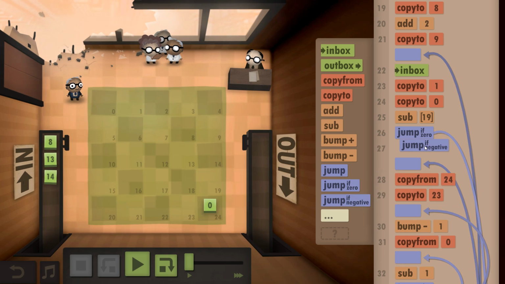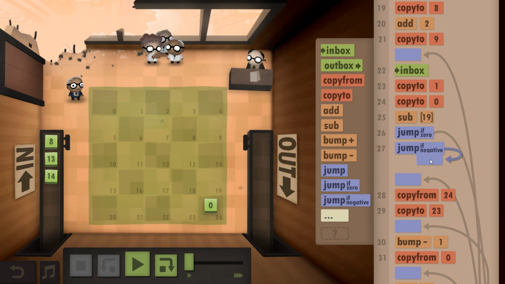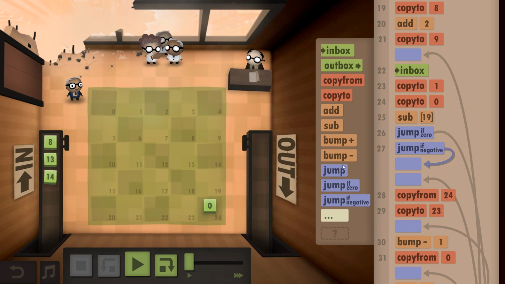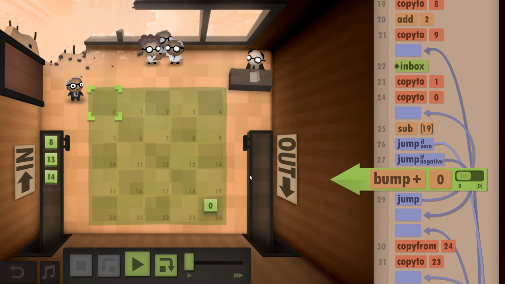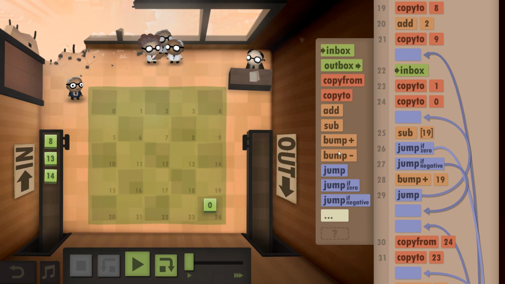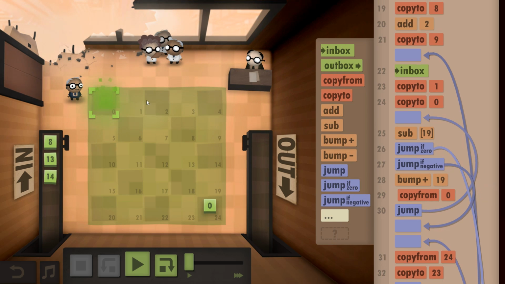If it's negative, done. And if it's not, then bump up 19 and copy from 0.